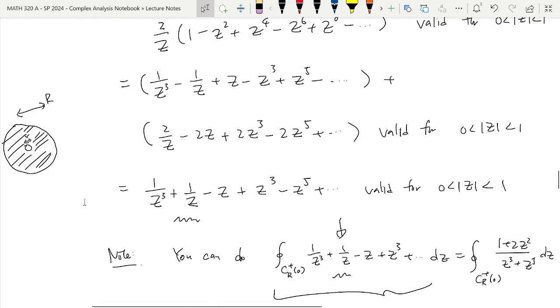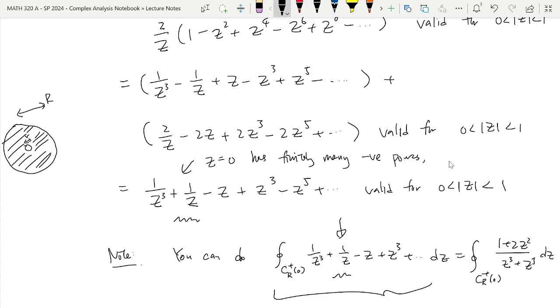So here, z equals 0 has finitely many negative powers, so this is a pole. If you have a power series expansion that has a few negative powers, it is called a pole.